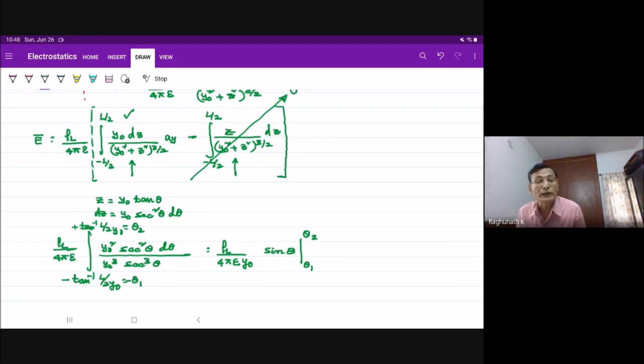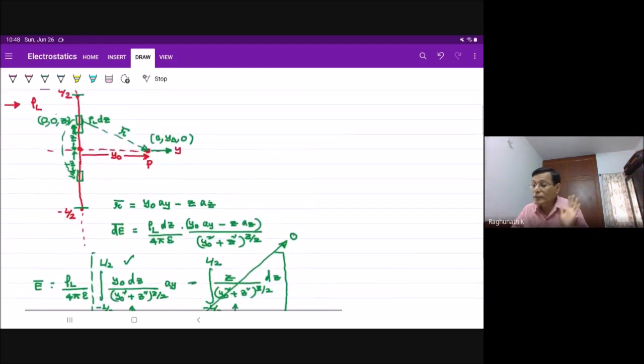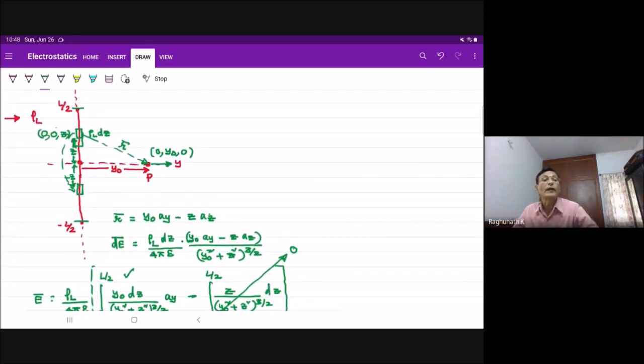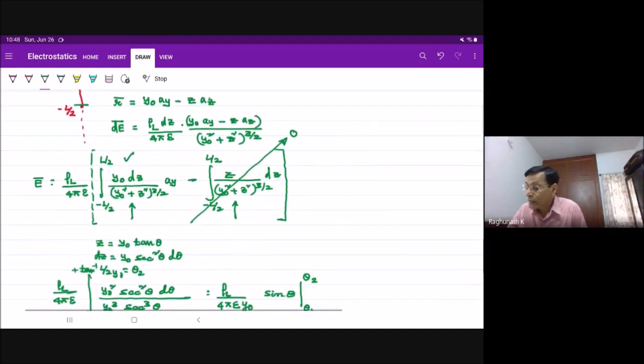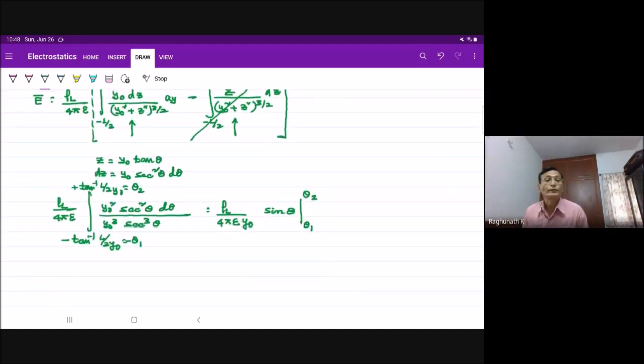I should express the final result in terms of the known quantities. Theta is not given to me. The given quantity is not theta. I have to put ultimately the expression in the Cartesian system, where I can put x, y, z, whatever I want. Ultimately, y naught and the length are the two things apart from the charge density that they have given.